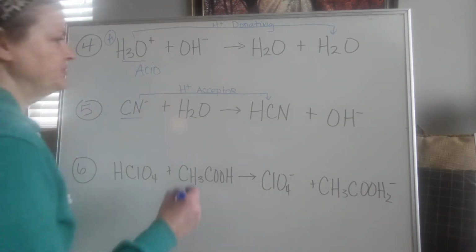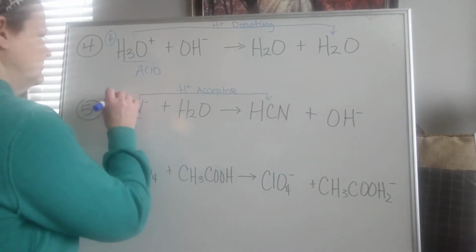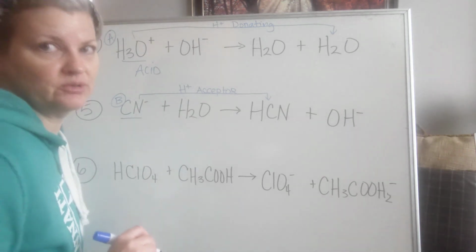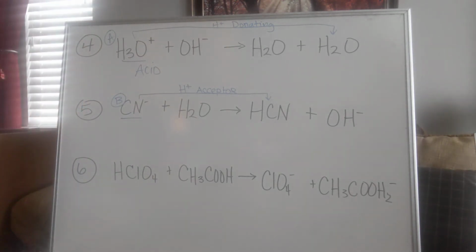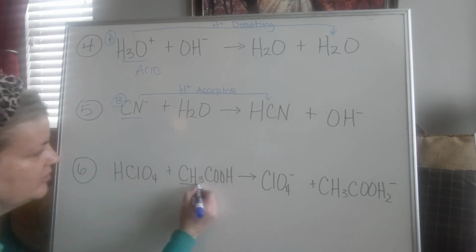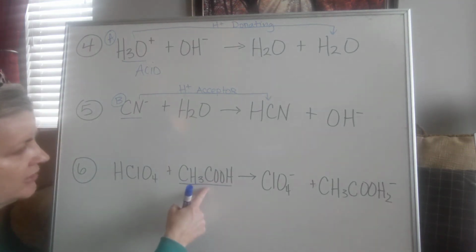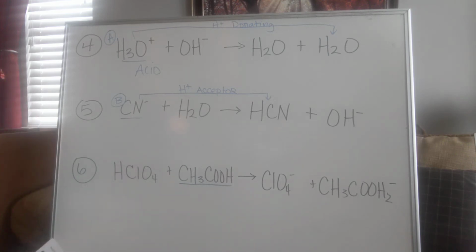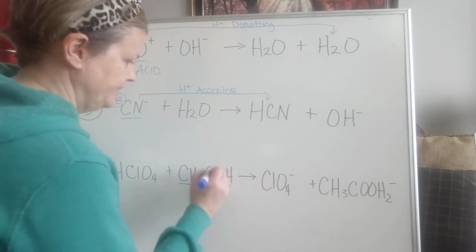Anyway, the acceptor is a base. So when it gains a proton, that's a base. All right, number 6. According to the alternate acid-base theory, what does CH3COOH act as in the following reaction? Make sure you grab the right one. It's talking about this one. So what does this guy become?